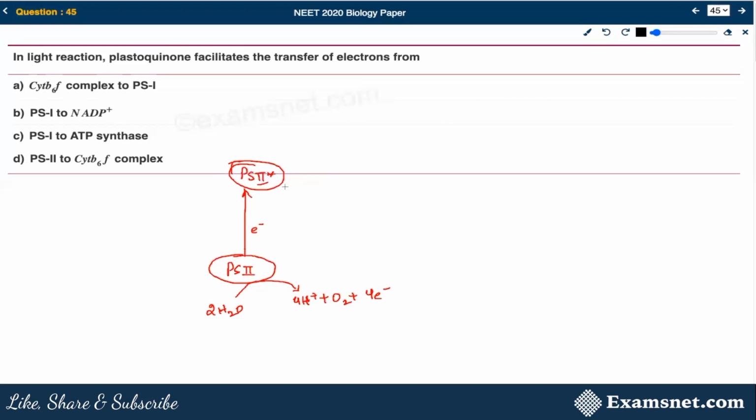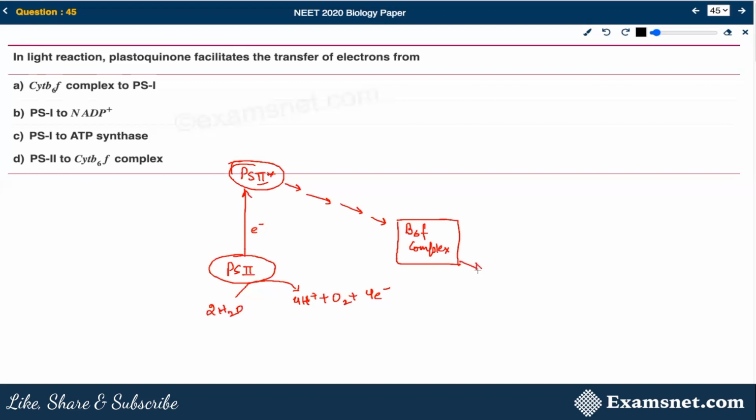And again, it is going to pass on the electrons through various carriers. And then in the center, there is a cytochrome B6F complex, which acts as the communicator, you can say. That means the linking complex between PS2 and PS1.